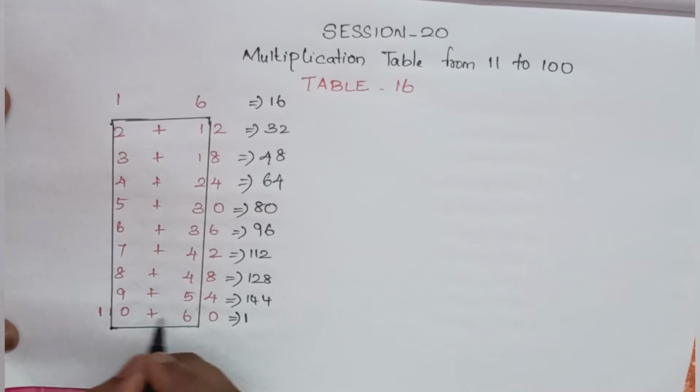Outside 1 is there, 0 plus 6 is 6, 160. This is the easiest way.